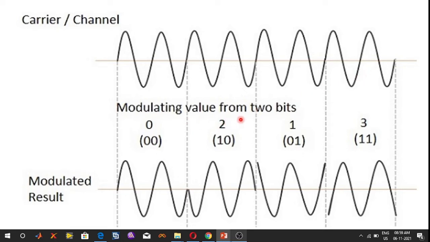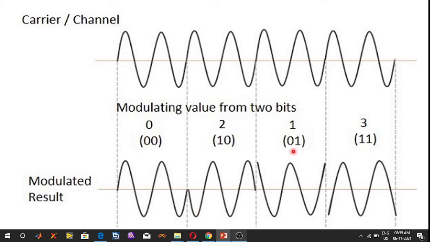Now here two bits are transmitted at a time. The modulating values from the two bits are 0 0, 1 0, 0 1, 1 1. So 0 0 is transmitted, the carrier phase shift is 0 degree, it starts from 0 degree phase shift. And 1 0, its phase shift is 180 degrees, so this is starting from 180 degree phase shift.